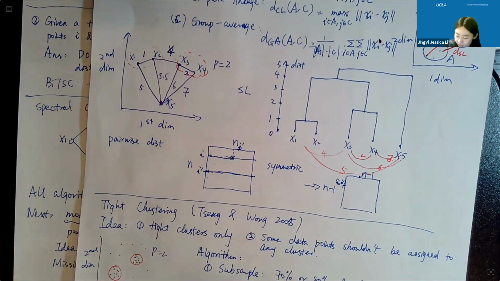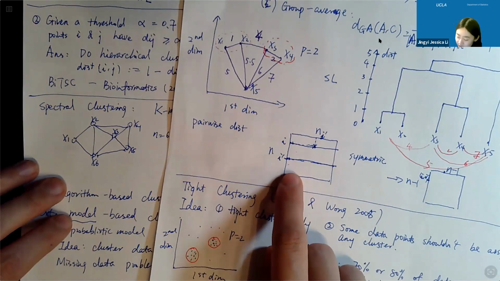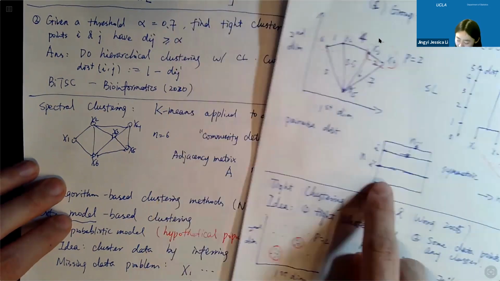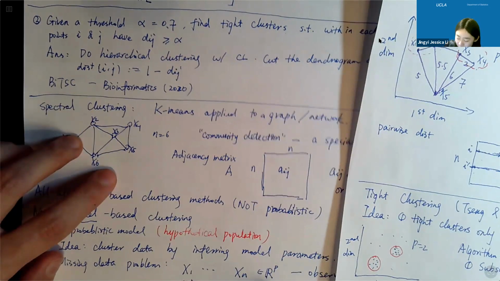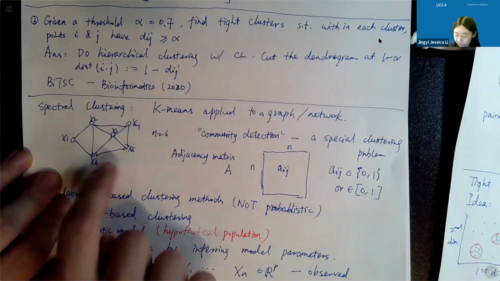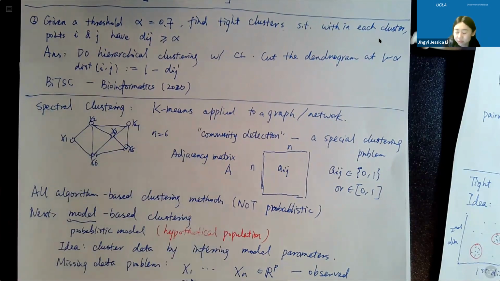What we do, which is very interesting, is that we try to reduce or compress this pairwise distance matrix into some sort of a graph, a cell to cell graph. And then we use this graph and apply clustering on the graph instead of the original data. So maybe you can keep this question in mind and think why we want to do this and why this is advantageous. And I have to say that there's no firm answer yet, but it's something worth thinking about.